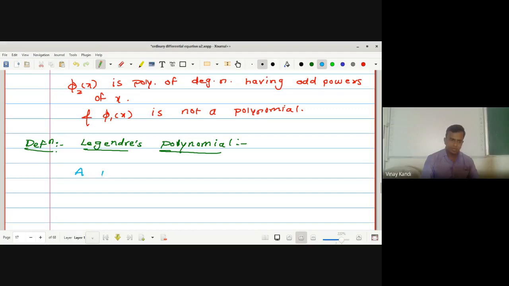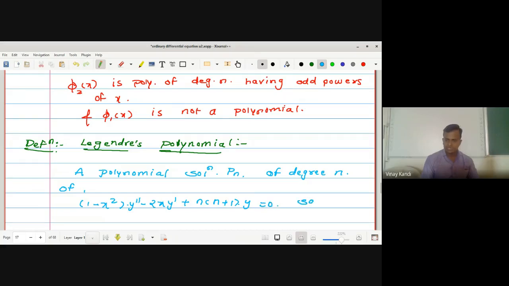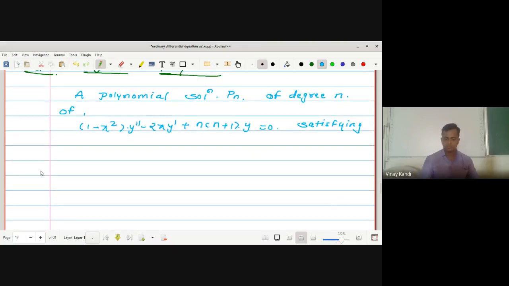A polynomial solution Pn of degree n of the solution of 1 minus x square into y double dash minus 2xy dash plus n into n plus 1, or alpha into alpha plus 1 into y is equal to 0, satisfying Pn of 1 is equal to 1.